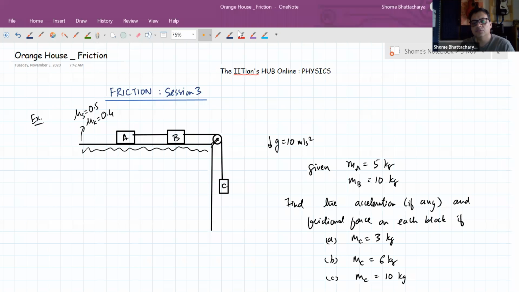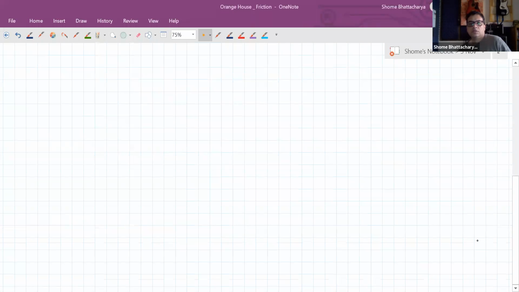So anybody got the answer for the first part? Okay, let's understand the free body diagrams, all in inertial frame.